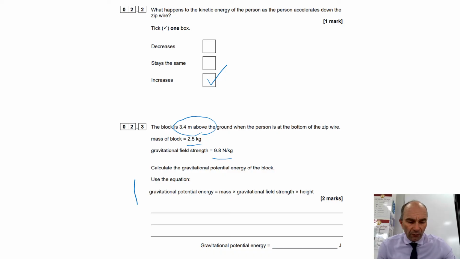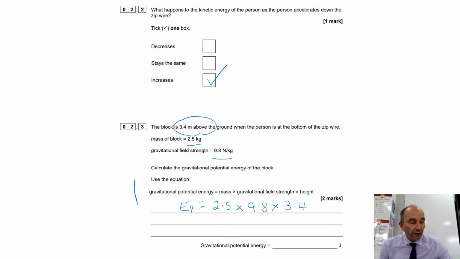So in this case, we need to work out EP, and then just substitute the numbers in that we've got. We've got a mass of 2.5 multiplied by 9.8, and then that's multiplied by the height, which is 3.4 meters. You got your first mark just by doing that.